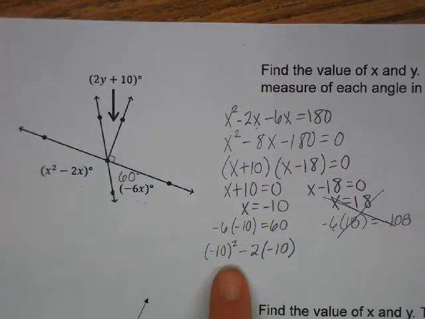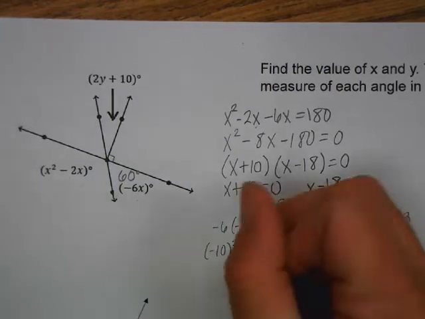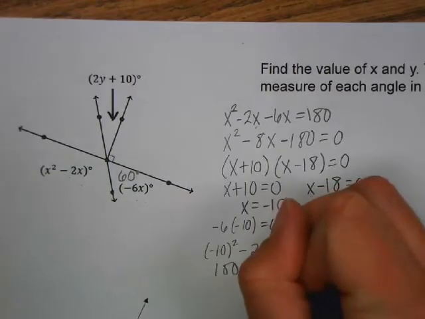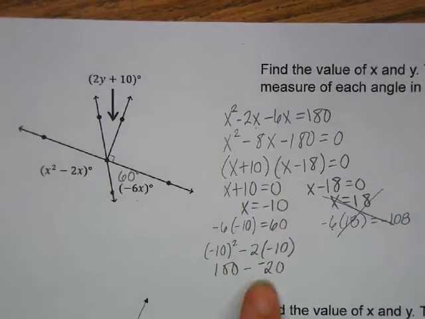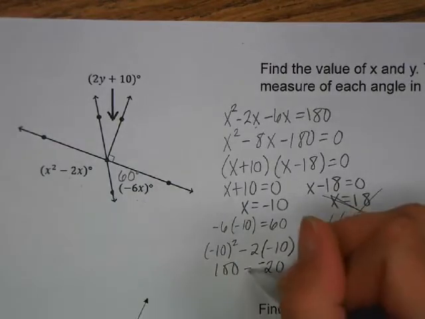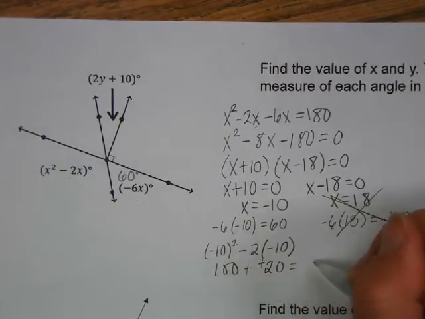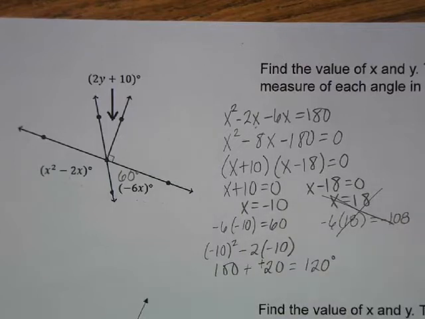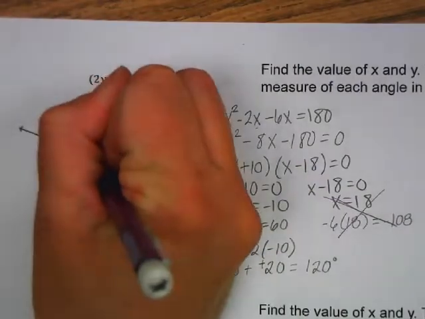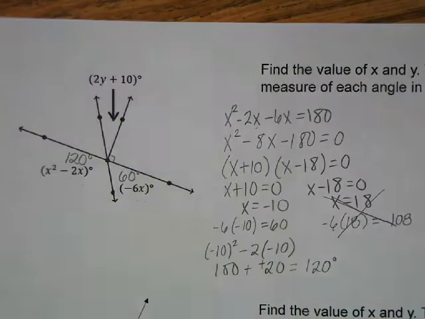So negative 10 squared is 100. 2 times negative 10 is negative 20. And then remember the minus and negative you can change to plus a positive because we don't like those double negatives. So that angle is 120 degrees. So I'll put that right there in the diagram as well.